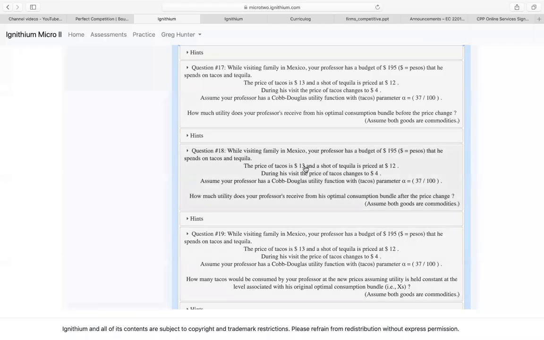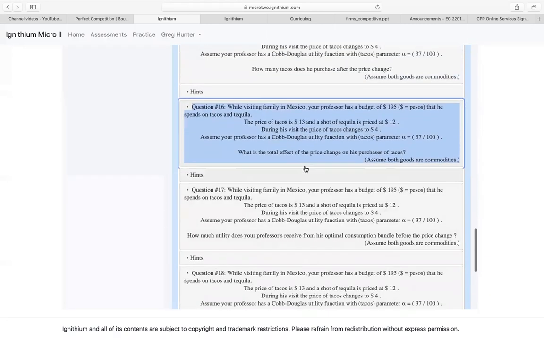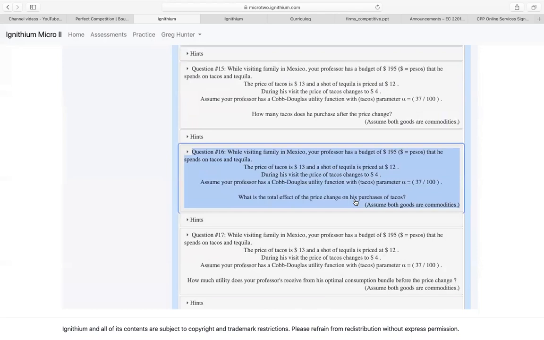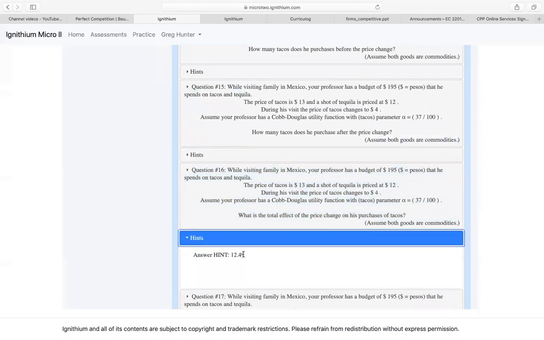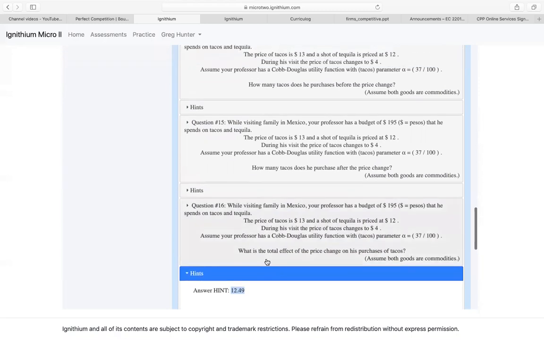And this is, by the way, to help you all practice. So this is the problem we were working on, number 16. Let's take a look at the answer: 12.49. Okay. Are you with me, Sonica? Yes.